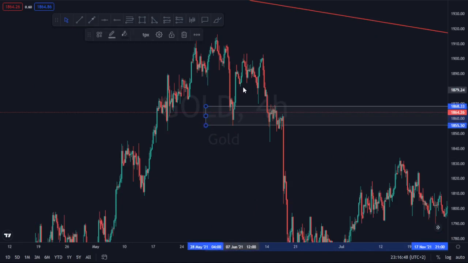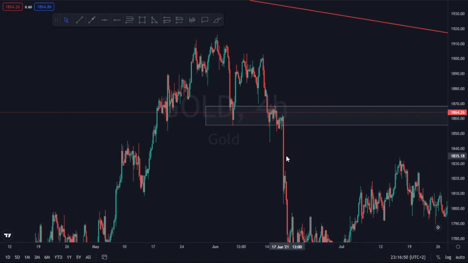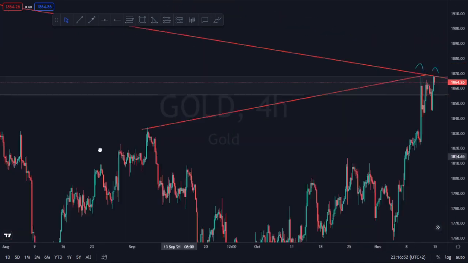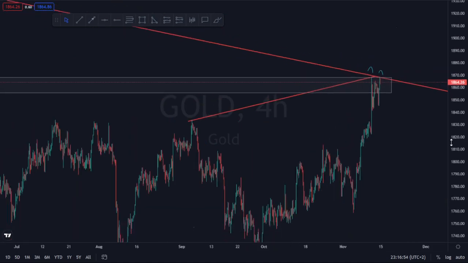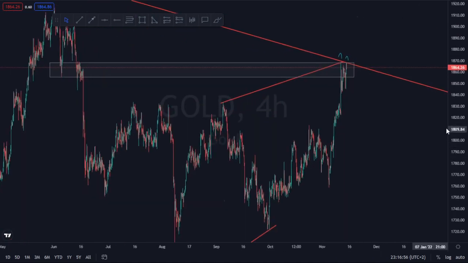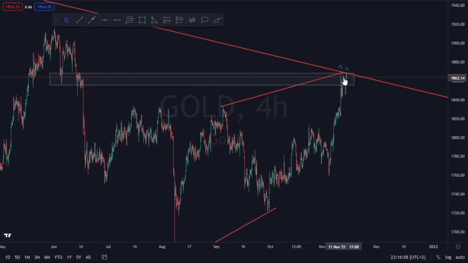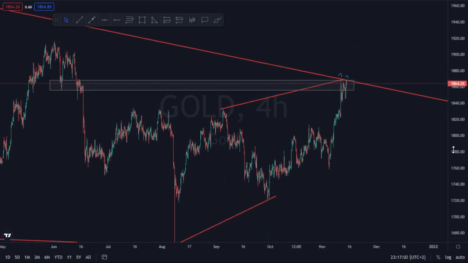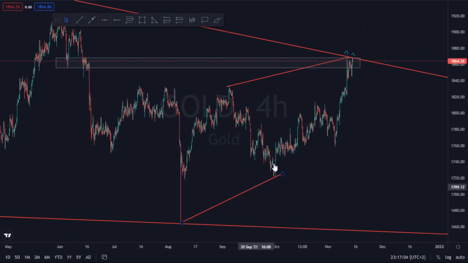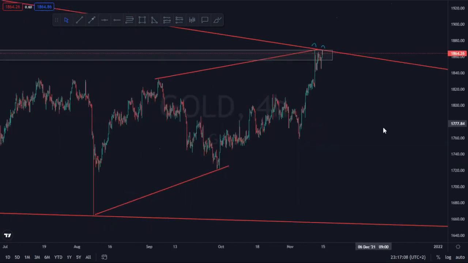Cater for this zone. This is really good guys, and usually for me, if I see these patterns together with a zone, either support or resistance zone, yo guys, I apply proper risk management and I go hard.